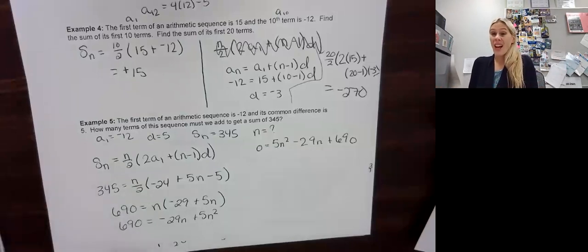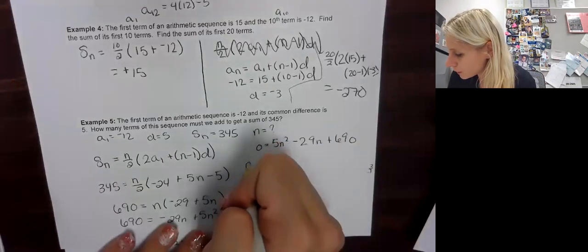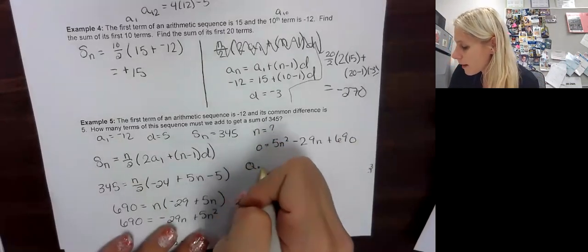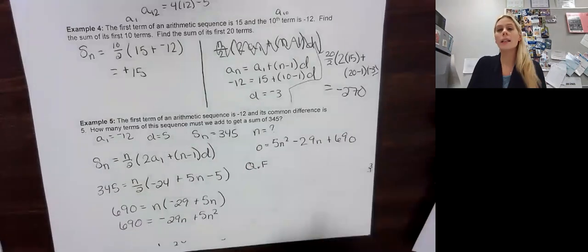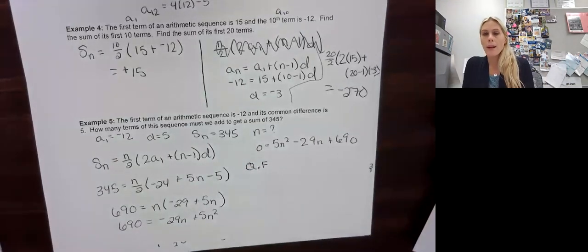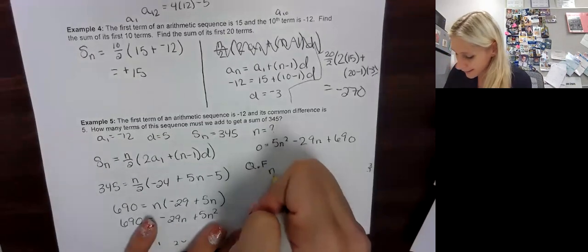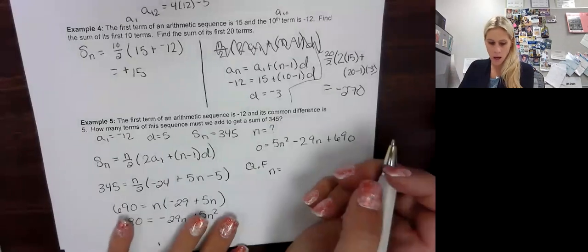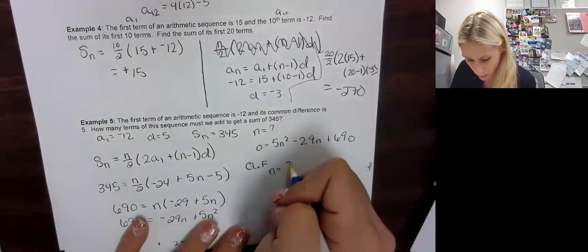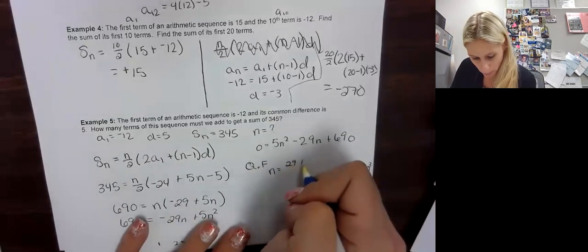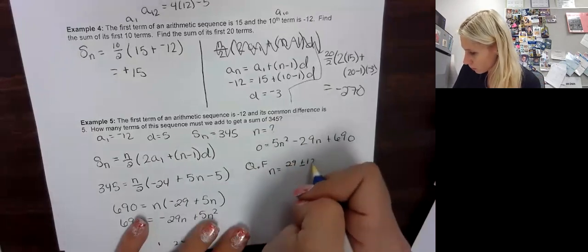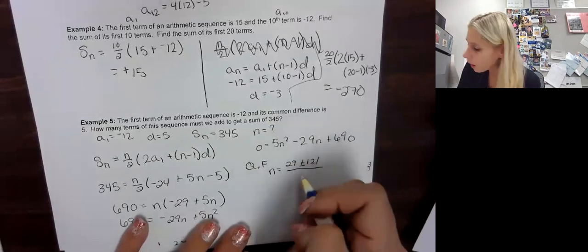So actually the faster way to do this would be to use the quadratic formula. Remember, the quadratic formula is negative b plus or minus the square root of b squared minus 4ac all over 2a. Now, when I do that and I start reducing it down, I get that n equals 29 plus or minus 121 all over 10.